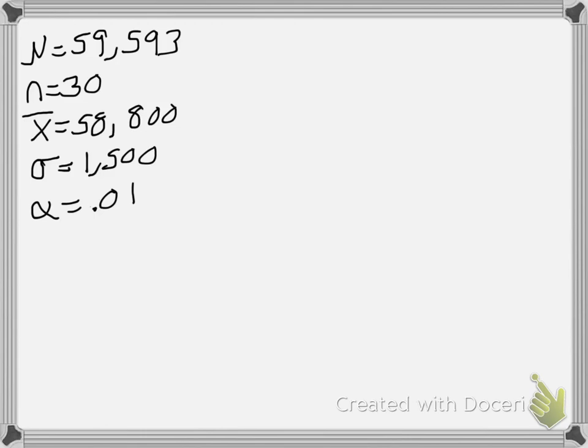Conditions first. So I'm going to go right down here and do my conditions. SRS: it didn't say that it was randomly picked. It just says the average salary of 30 state employees who do similar work, so that's going to be assumed.